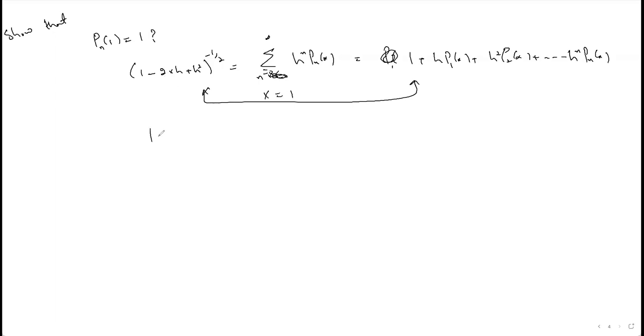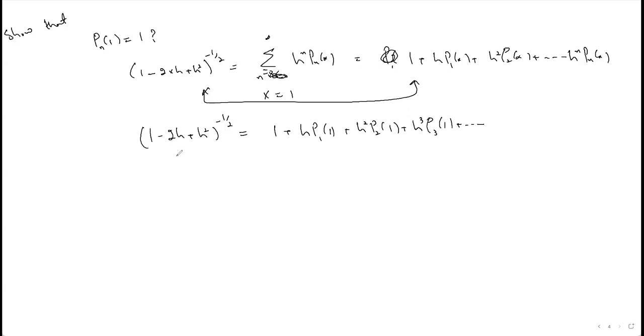It will be simply (1 minus twice h plus h square) raised to power minus 1 by 2. This will be equal to, when x is equal to 1, 1 plus h P1 of 1 plus h square P2 of 1 plus h cube P3 of 1 plus so on, right?